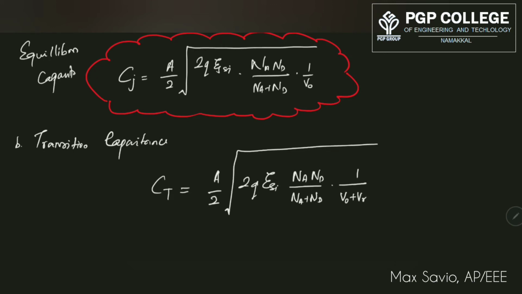So we are going to add the reverse voltage Vr, where Vr is the reverse voltage. So this value we have added to the V naught, which is the junction potential.